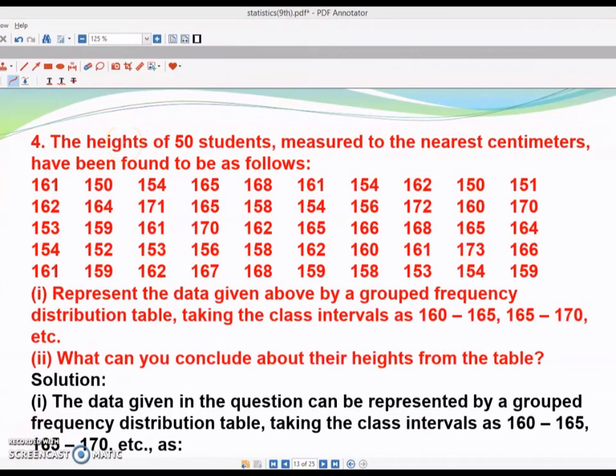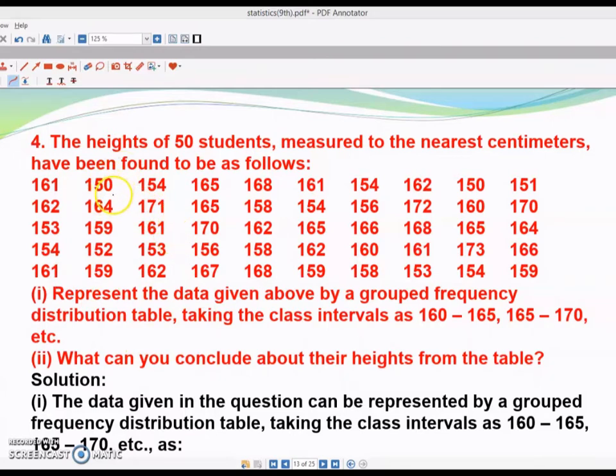Here these are the heights of 50 students. First you have to find out the range of this data, that is, what the minimum height and the maximum height are. When you know them, you can decide where to begin your class intervals.